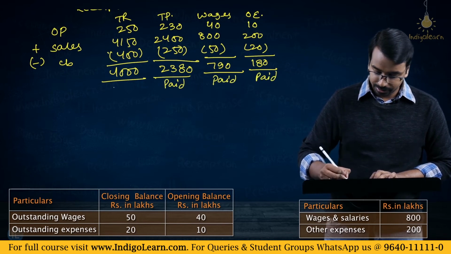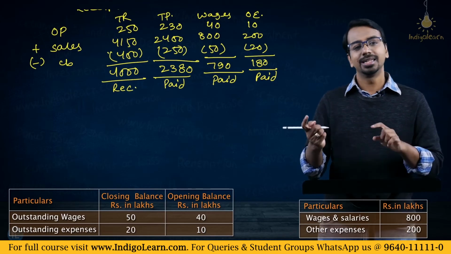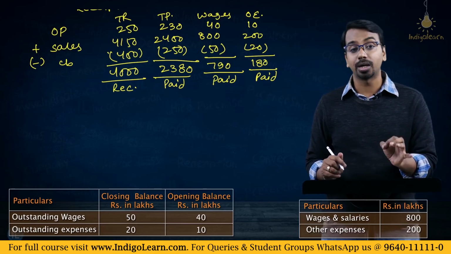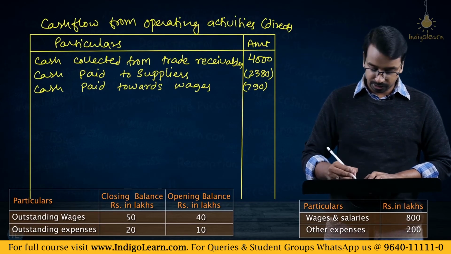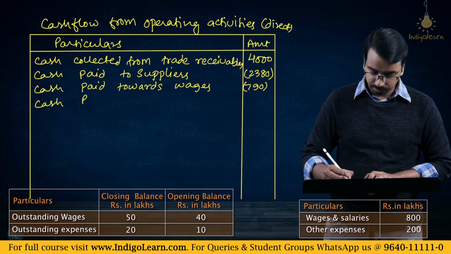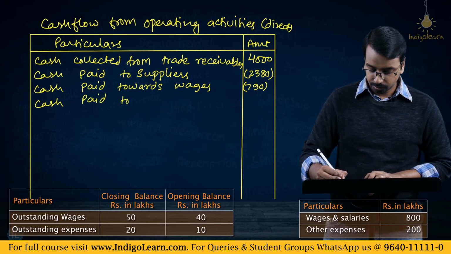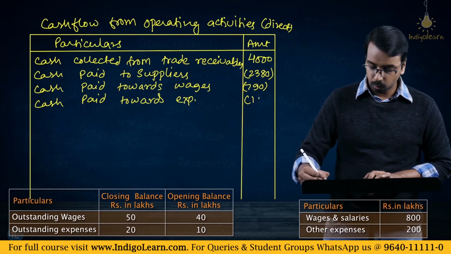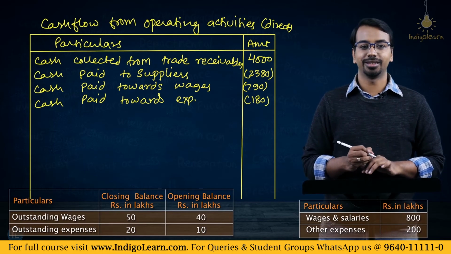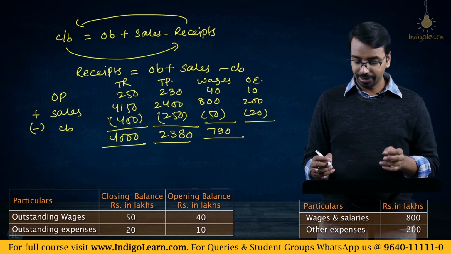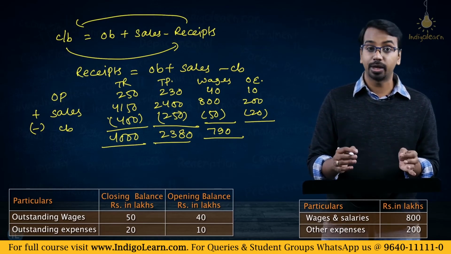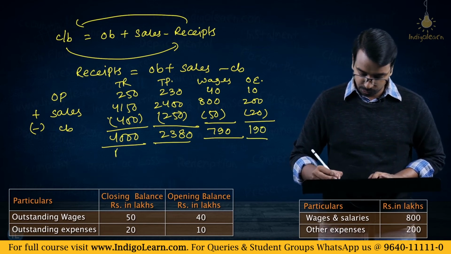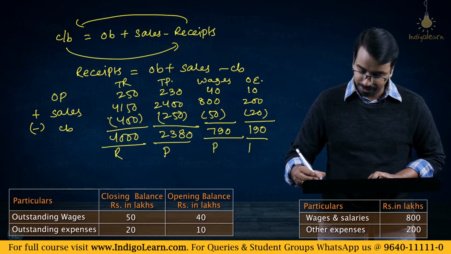Come to the cash flow statement: cash paid towards expenses, 190.